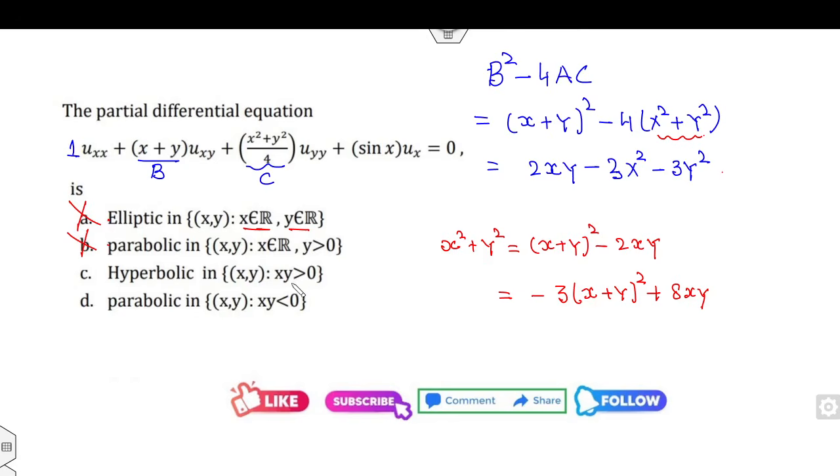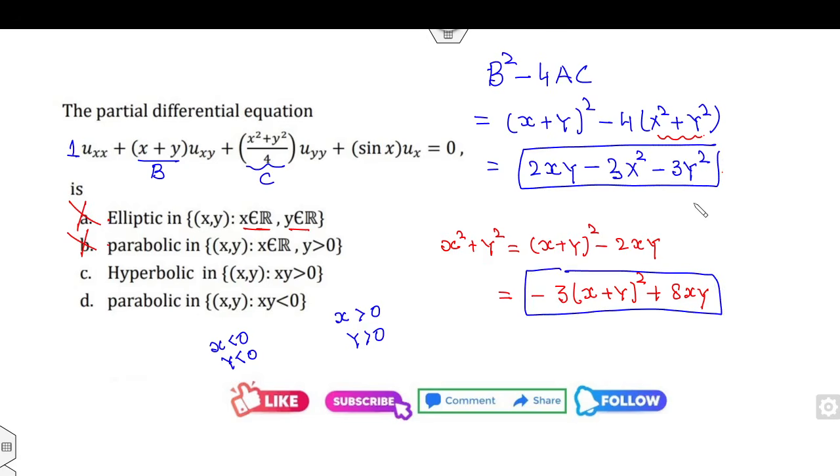Now x and y both are greater than 0. What does it mean? Either both are positive or both are negative. So I can think about this expression, or this expression; they are similar.